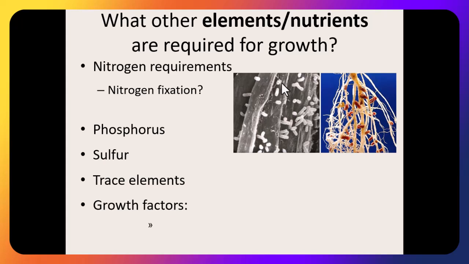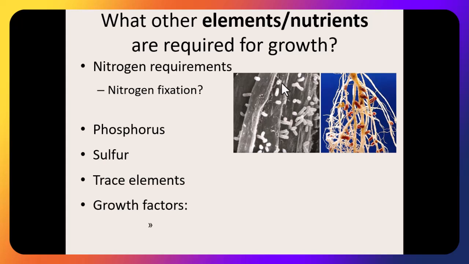A couple of other elements that a lot of organisms need, but on a much smaller scale: phosphorus, sulfur, and some trace elements, possibly calcium, sodium, things like that, that they may need for growth. And some things called growth factors.